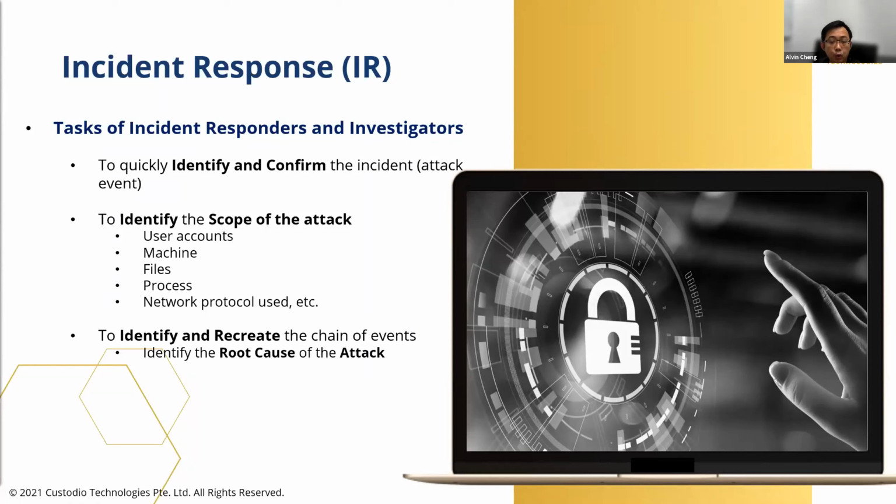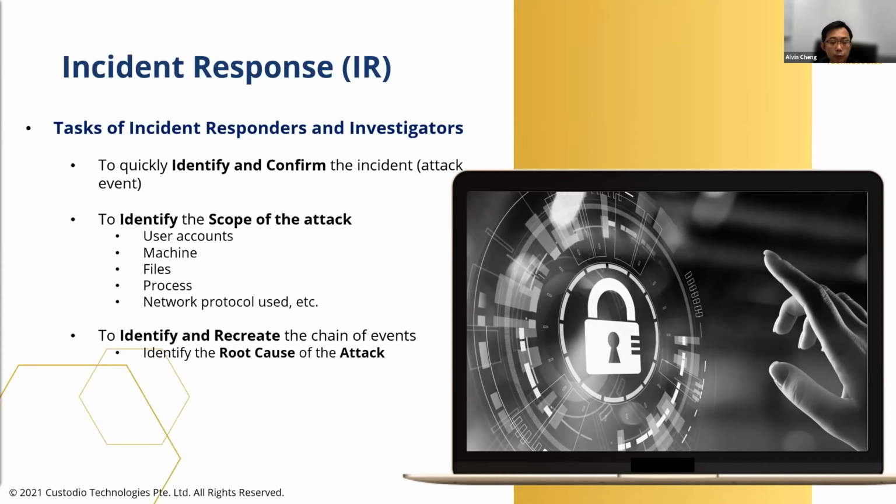Second, to identify the scope of attacks. When we say identify the scope of attacks, it basically means what accounts have been compromised by the adversaries, what machines have been infected by malware, and also what protocols have been used by the attackers to do file exfiltration or to download a payload to infect the compromised machines further.